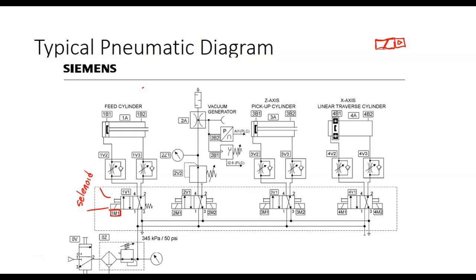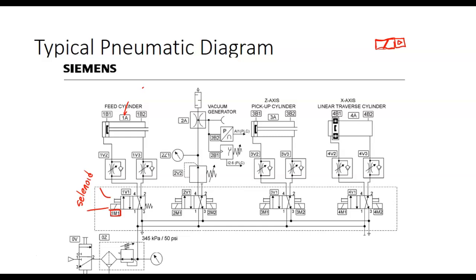So, we talked about this. What's nice is that your actuators are given a number, and then all the components that control that actuator start with the same number. And then they number from bottom to top, left to right. So 1M1, we know right off the bat, no matter where it's at, it's controlling actuator 1, right?